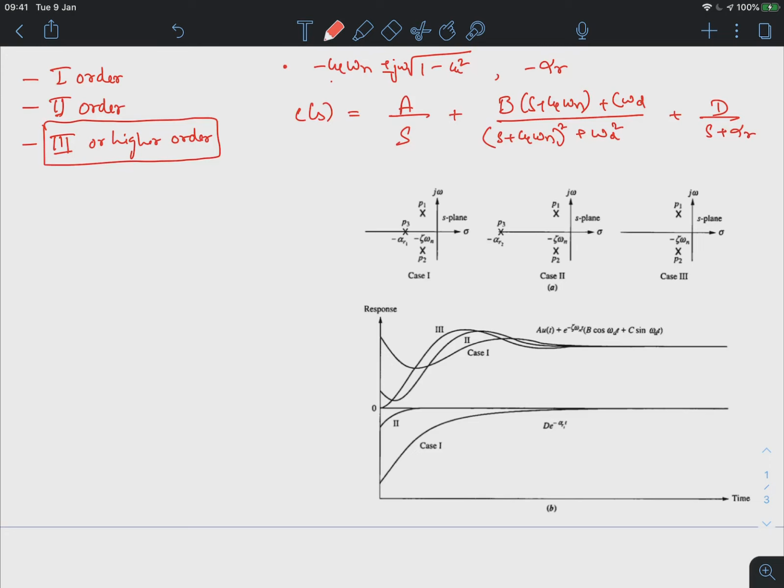I have written this directly by using the partial fraction of the overall expression, where C is the output transform and 1 by s is the unit step input.